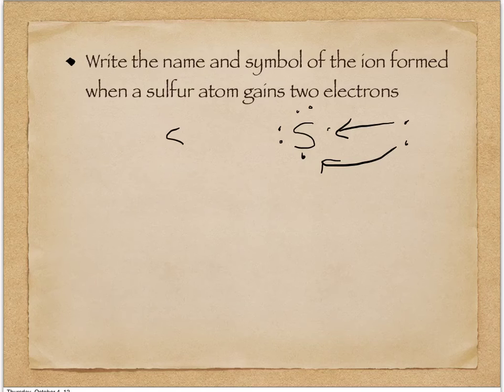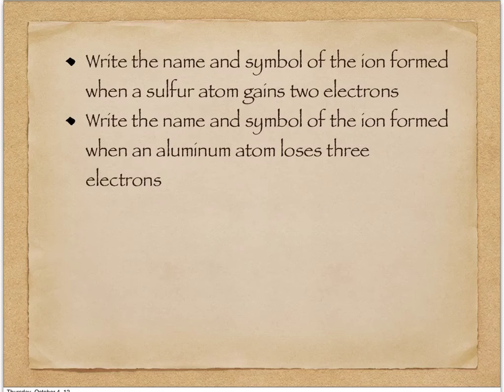But when it does that, it now is going to become a 2 minus charge because it's gotten 2 extra electrons. I did not name the sulfur one. Since it gains electrons, it's going to become a sulfide ion.